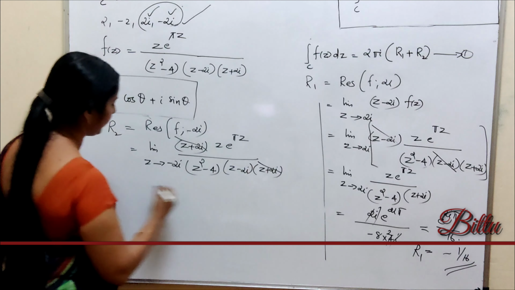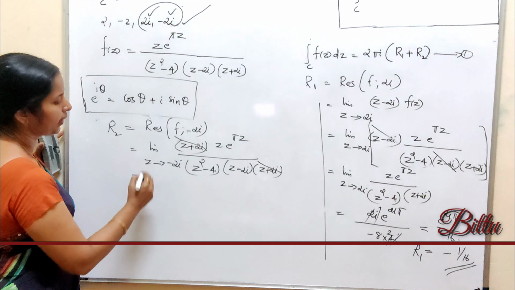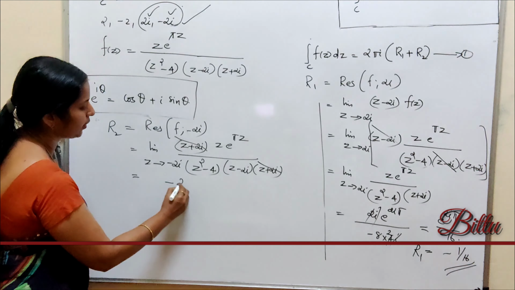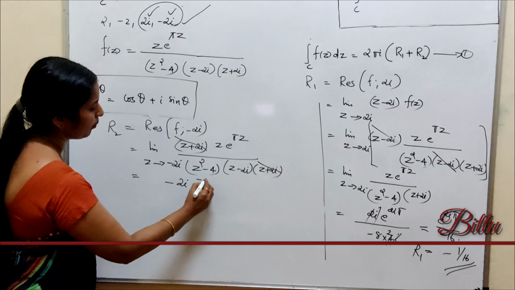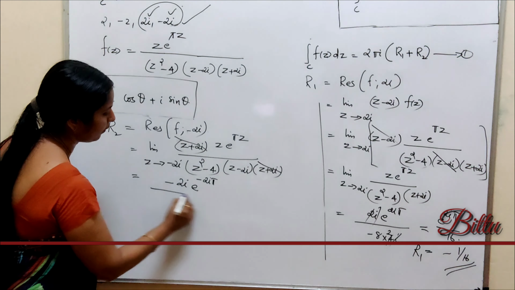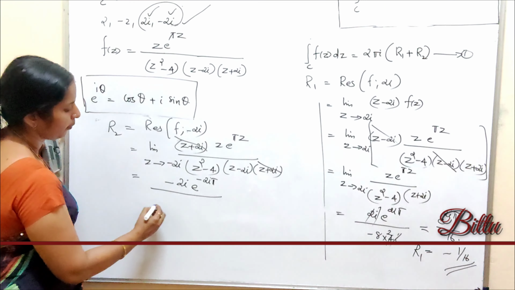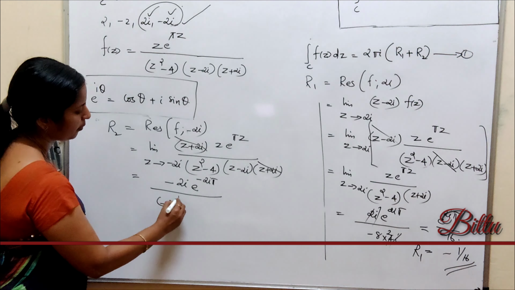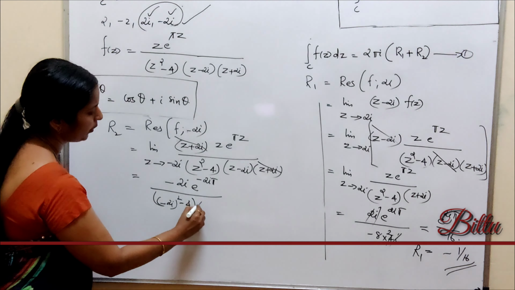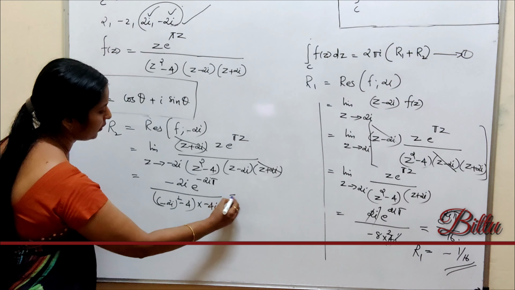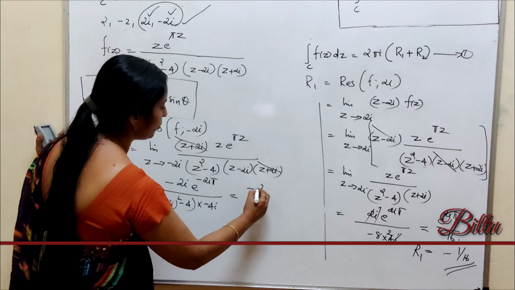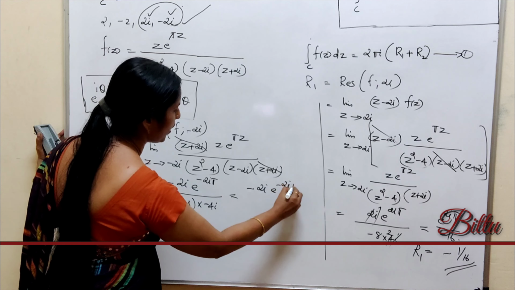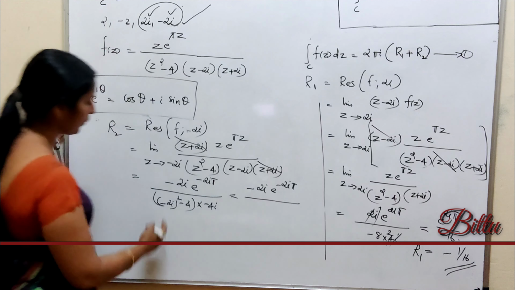This z plus 2i will cancel each other. You put z equal to minus 2i, that is minus 2i into e raised to minus 2i pi divided by minus 2i the whole square, minus 4 into minus 4i.